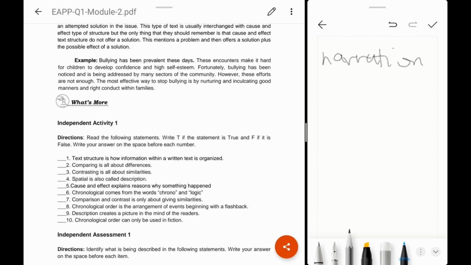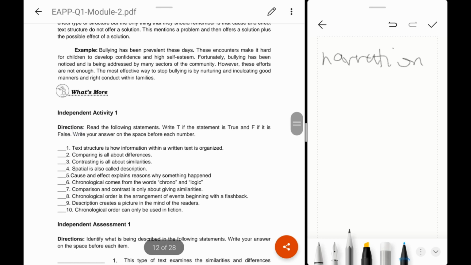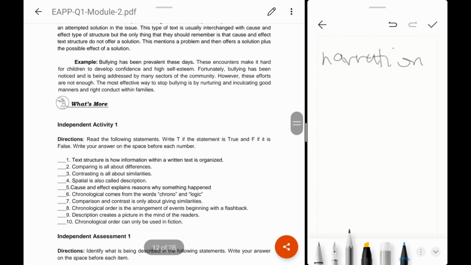Prevalent means talamak, common, rampant. So bullying has been common or prevalent these days. These encounters make it hard for children to develop confidence and high self-esteem. Of course, when we are being bullied, we really cannot develop confidence within us.